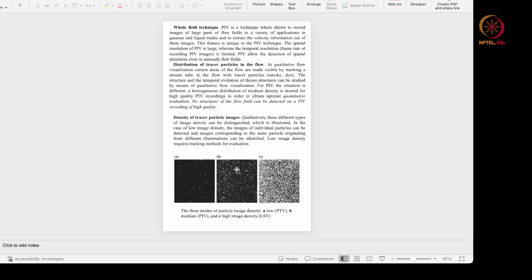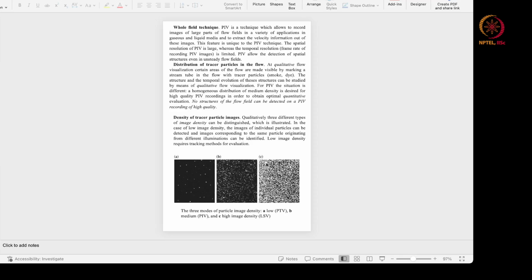Particle image velocimetry is of course medium density. So you can see this is medium, and it's very hard to find individual particles and track them. So we use the interrogation windows that we talked about, sub areas within this image, and then we use ensembles. Then we use statistical means like cross correlation to find out the displacement.